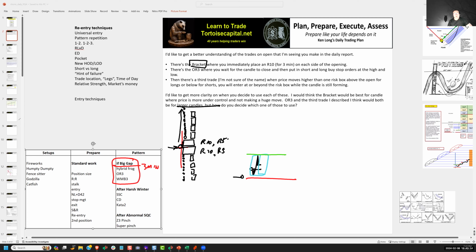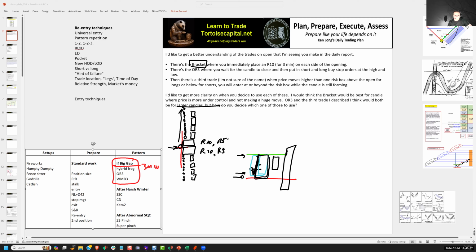Now, what I want to know on that one is how big is the R10 compared to the OR3? If the R10 is like this, then that tells me there's very little volatility in here at all, that opening range 3 was really quiet.